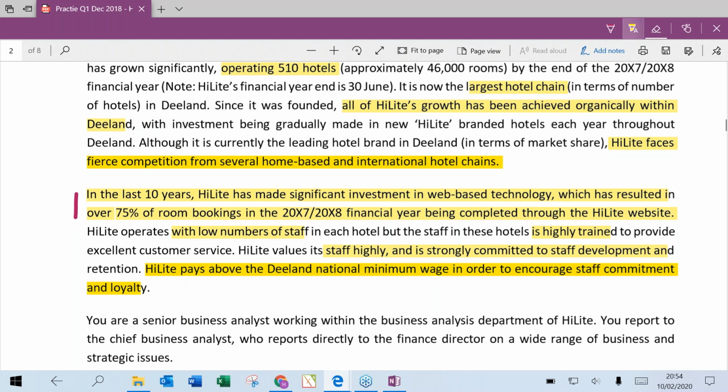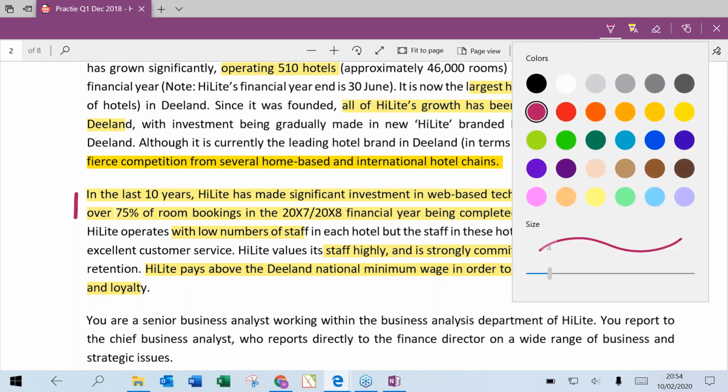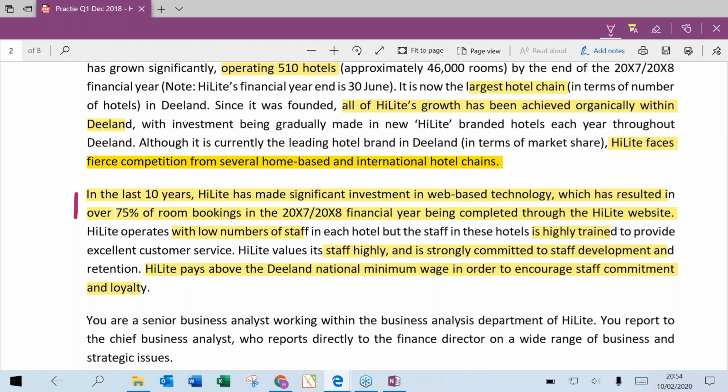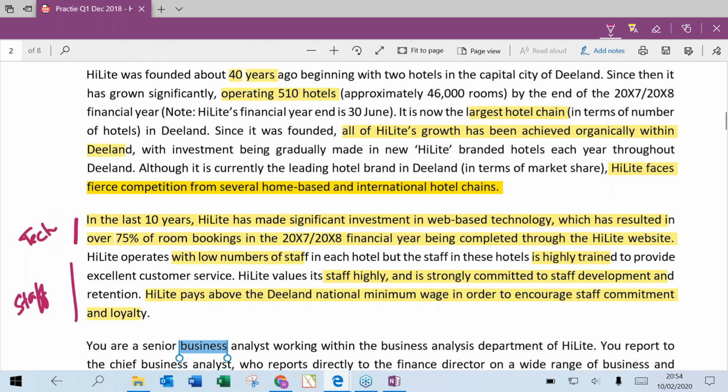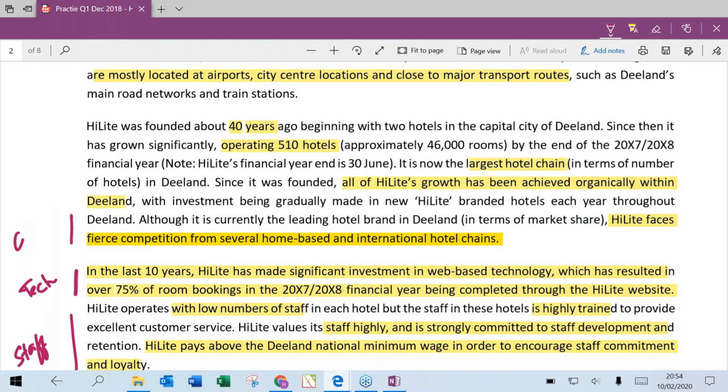Let me reduce the thickness of the marker, please. So this talks about technology. And this talks about staff. Okay. And this talks about competition.